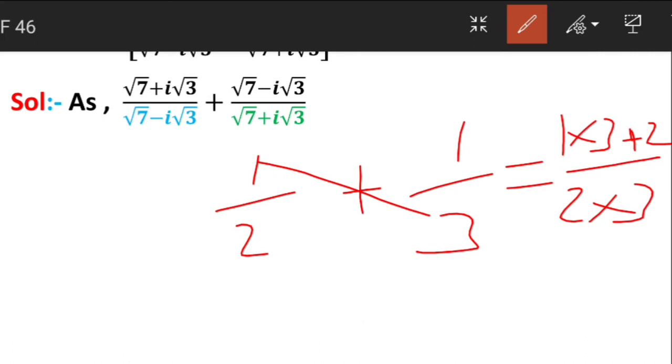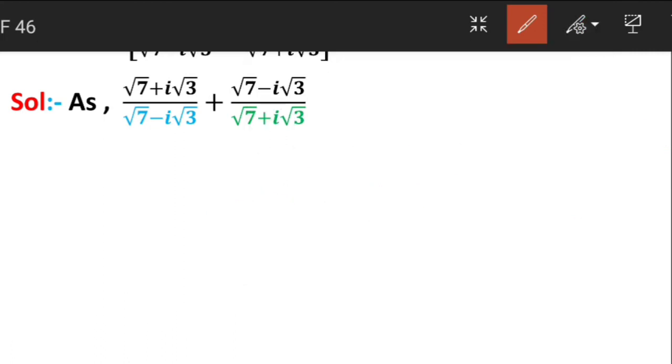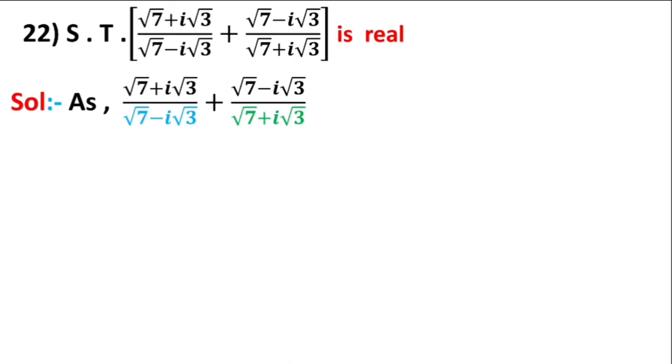Just apply the same method here, taking the LCM and cross multiplication. It becomes (root 7 plus i root 3) into (root 7 plus i root 3), plus (root 7 minus i root 3) into (root 7 minus i root 3), divided by the product of the denominators.